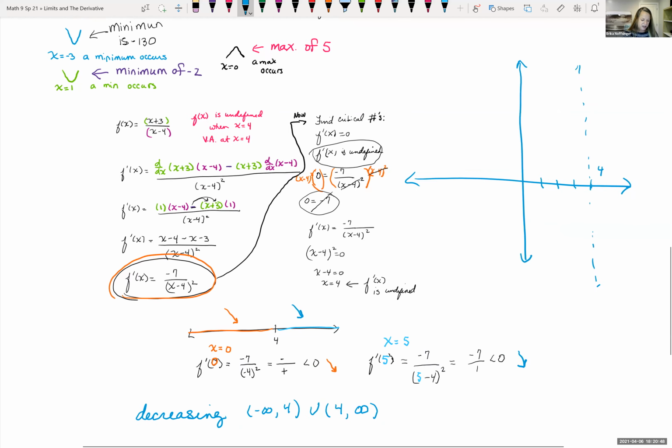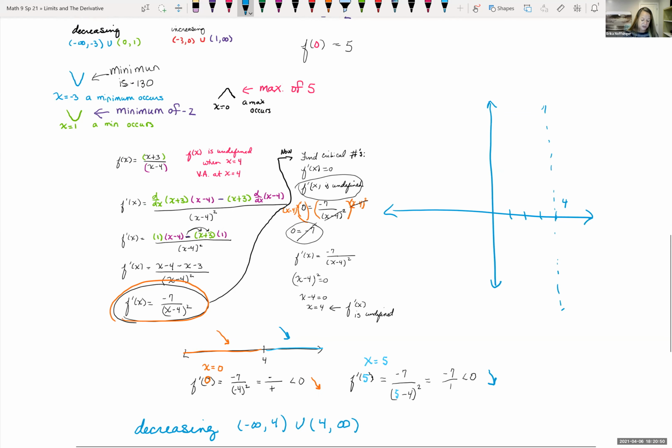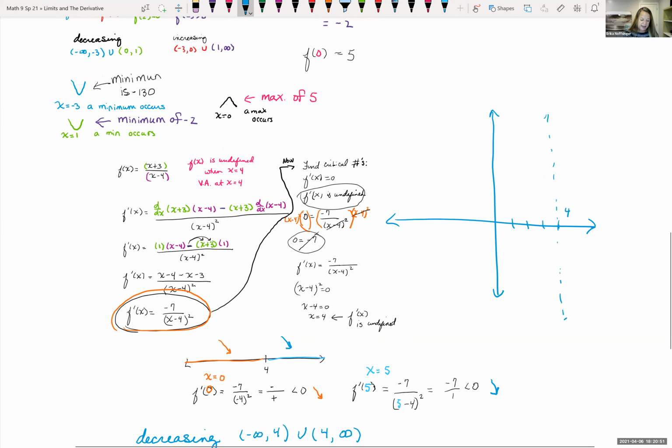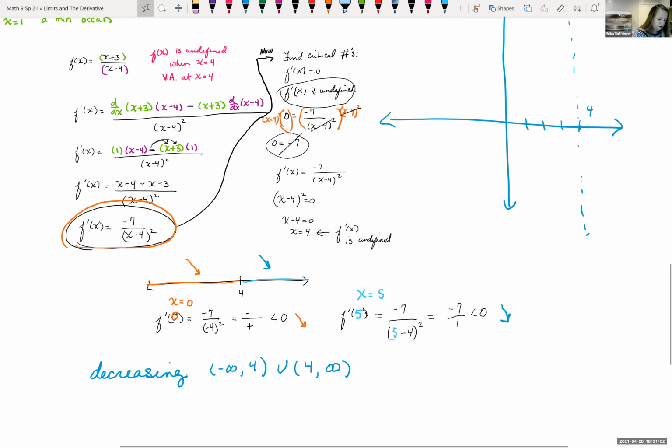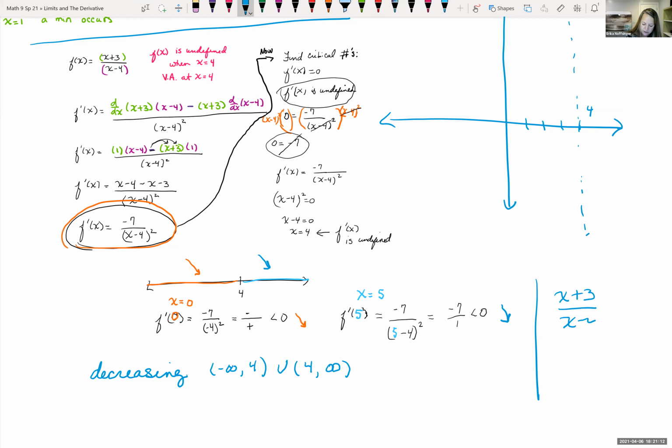One other value that might help me, or a couple other values, is where is the x-intercept? X-intercept is when our function is equal to 0. So when is my original function, x plus 3 all over x minus 4, equal to 0?